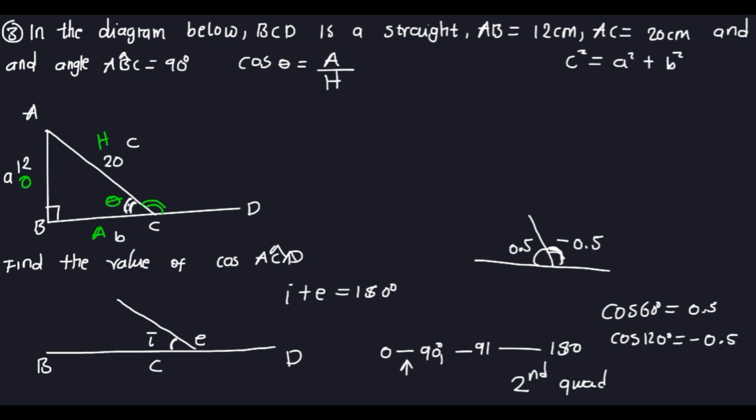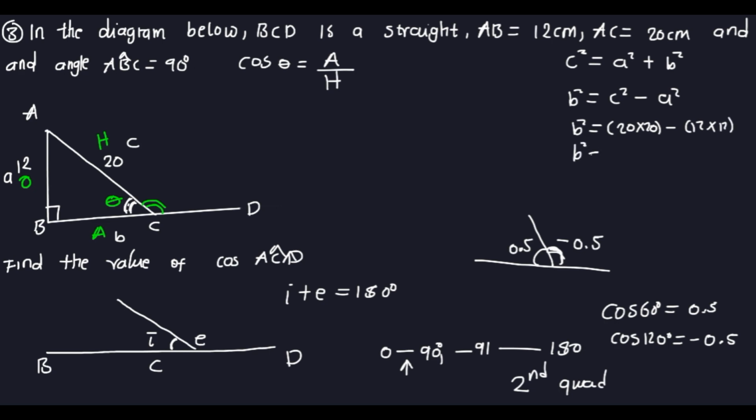Now since we are solving for B squared, this is same as B squared is equal to C squared minus A squared. So B squared is equal to C squared, 20 times 20, minus our A, 12 times 12.